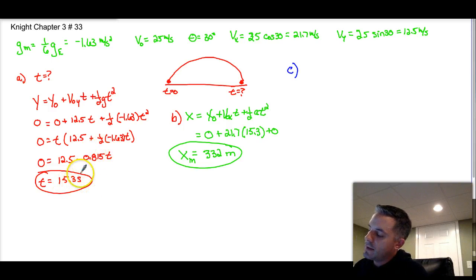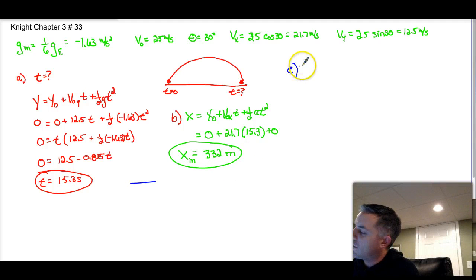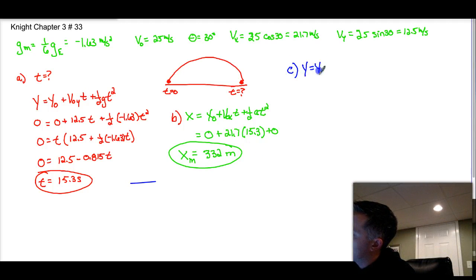So what we're asked to do is do this process all over again, but now for Earth's acceleration because of gravity. So y equals y sub o plus v sub o y t plus 1/2 g t squared.